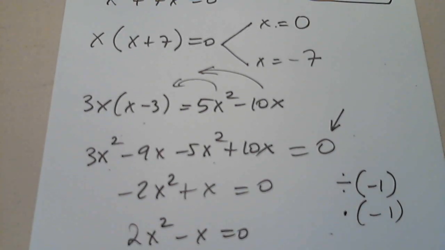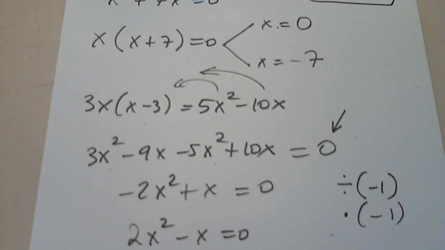And now I see there is a greatest common factor. What is the common factor of these two terms? X. Indeed. So I have x(2x minus 1).